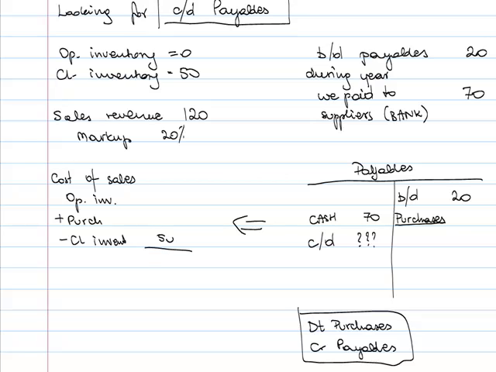Closing inventory was 50, opening inventory was 0. We know that the sales revenue was 120, and that includes a markup of 20%, which leads us to a conclusion that the total cost of sales must have been 100.